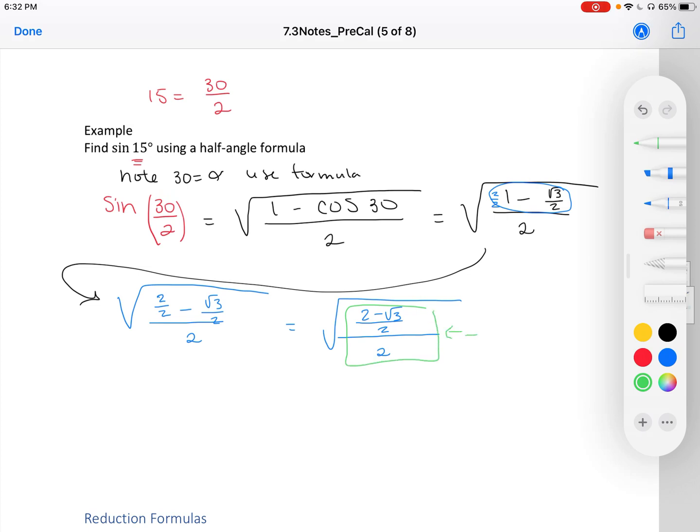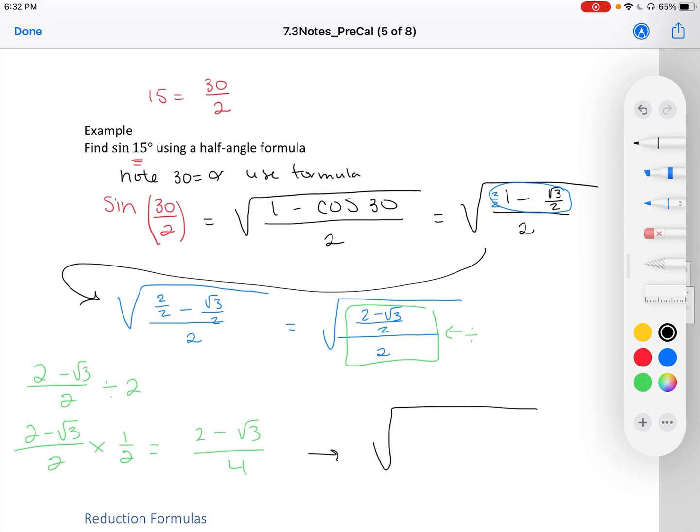I know that's division, so let's rewrite it. 2 minus square root of 3 over 2 divided by 2 is the same as 2 minus square root of 3 over 2 times 1/2. So that's 2 minus square root of 3 over 4, under the square root.